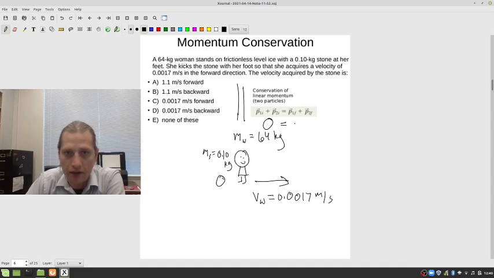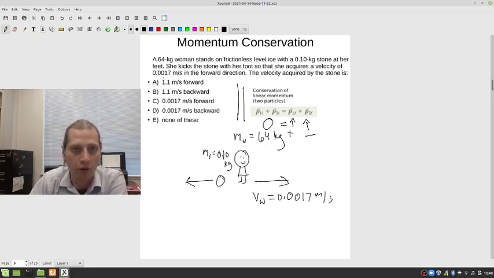At the end, for the woman, this is positive. For the stone, it has to be negative. If I'm adding up two things to get 0, you have to have a positive thing and a negative thing. So that means they're moving in opposite directions. The lady is going forward. The stone has to be going backward.